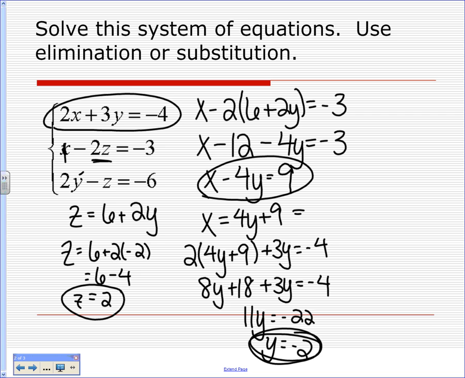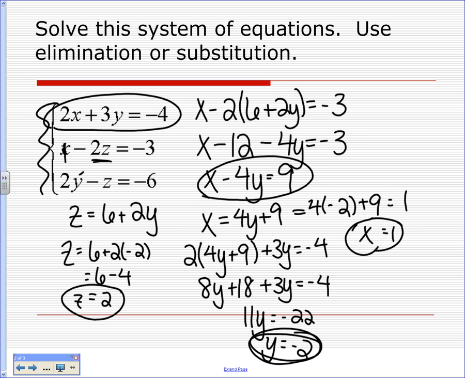Okay. 4 times, yeah, you could plug it in over there too if you wanted. Or you can come back over here and solve. Oh, x. I just wrote the wrong variable over here. Sorry.